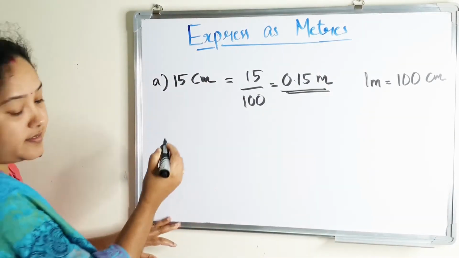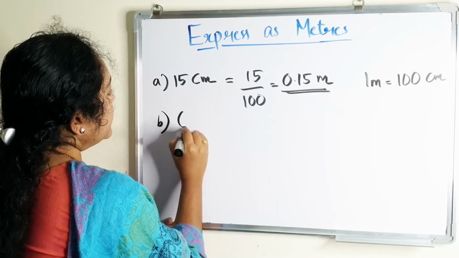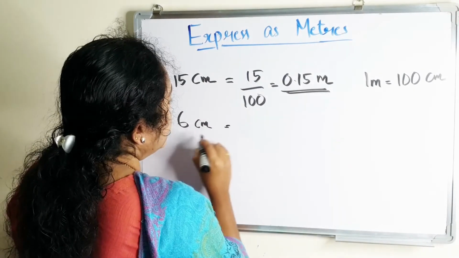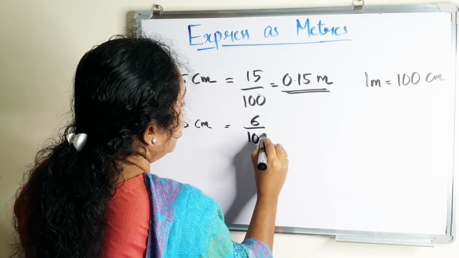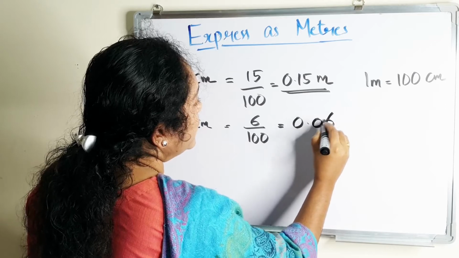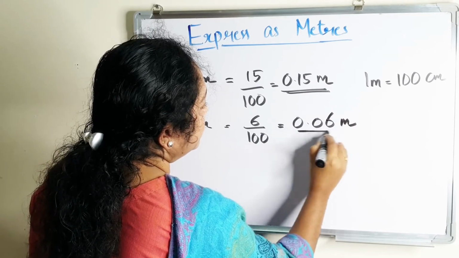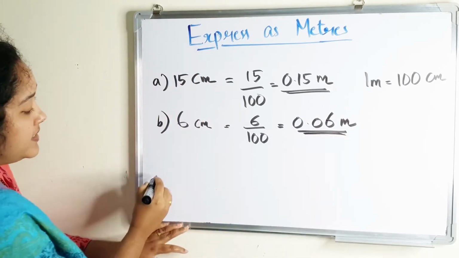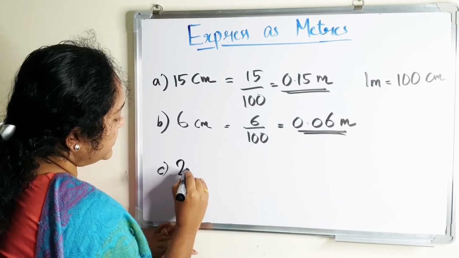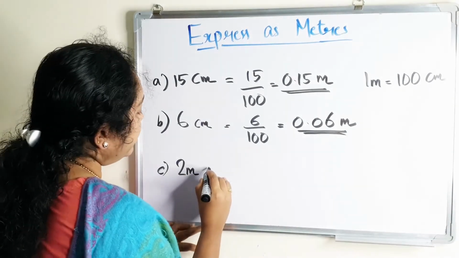Next question, 6 centimeter. 6 centimeter is equal to 6 by 100, which is equal to 0.06 meter. Next, C, 2 meter 45 centimeter.